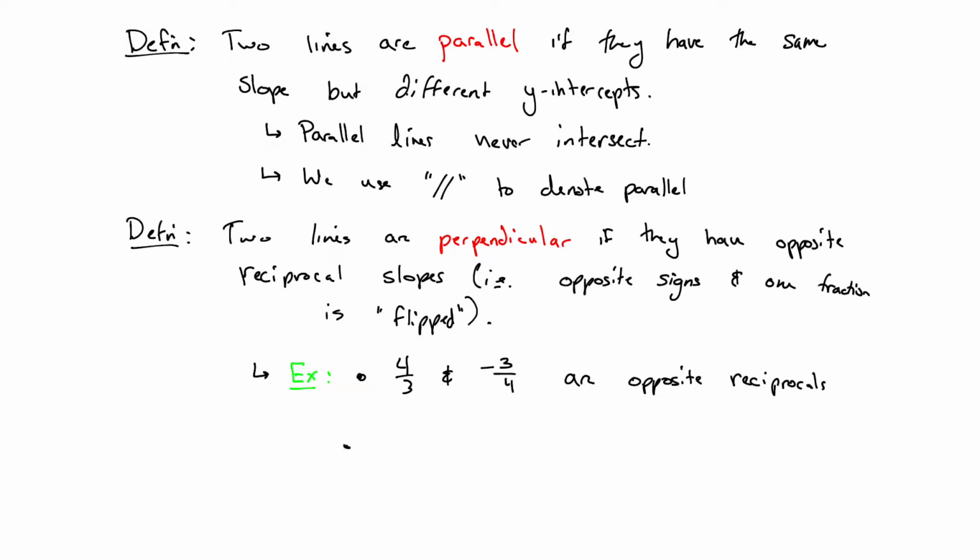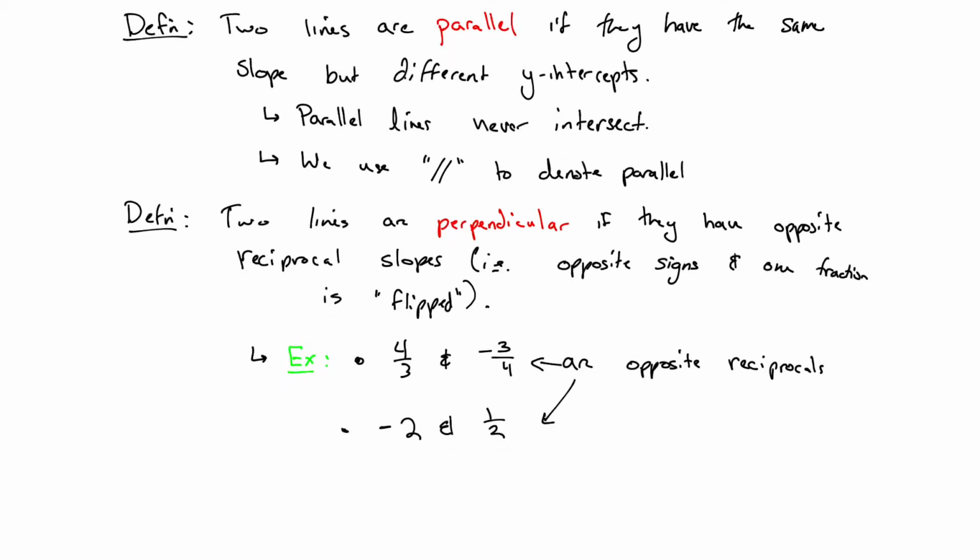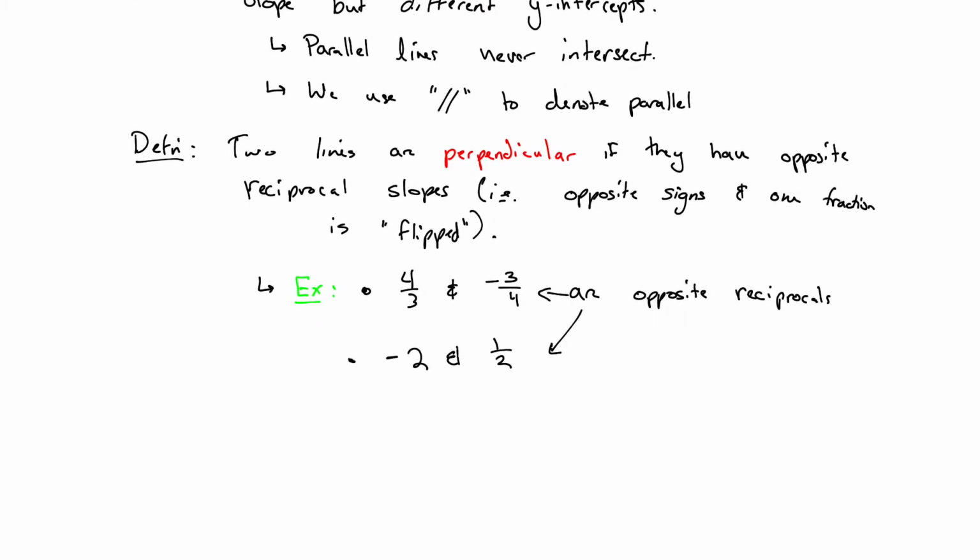Another example is -2 and positive 1/2, which are also opposite reciprocals. Now, why is 1/2 that? Well, any real number can be thought of as a fraction. So this is -2 over 1, and then you flip the fraction, that becomes 1/2. And this was negative, so the opposite would be positive. So that's the first little note, just as a reminder of what it means to be an opposite reciprocal.